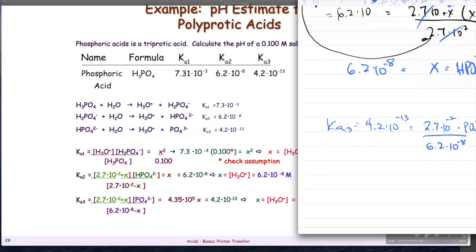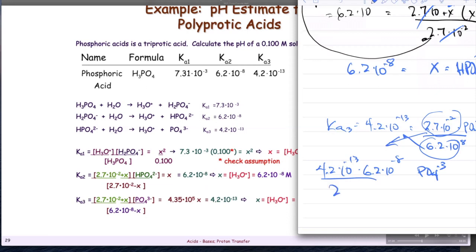So these are numbers. You can just move these to the other side. And so your phosphate ion concentration is going to be 4.2 times 10 to the minus 13 times 6.2 times 10 to the minus 8, all over 2.7 times 10 to the minus 2. And that's a much easier problem than doing any type of quadratic, okay?